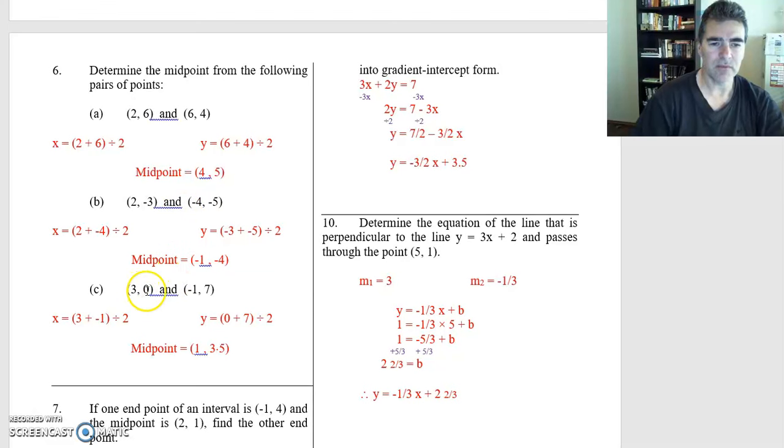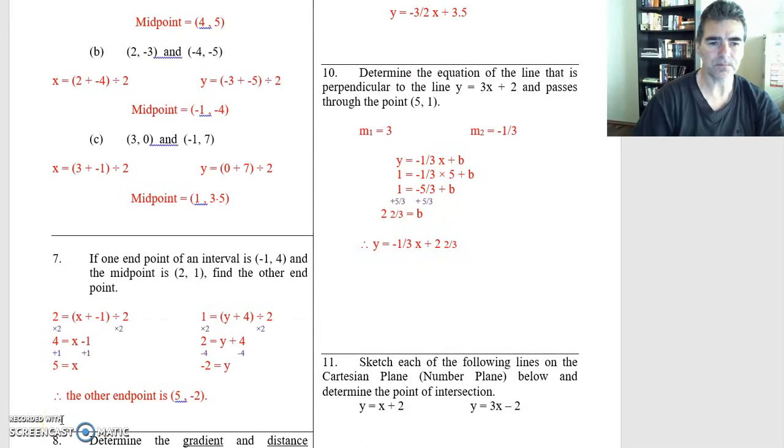And part C, find the midpoint between this point and that point. Again, x values, add them together and halve it, and I get 1. And next one, add the y values 0 and 7, halve them, and I get 3.5. Or you can write it as 3.5, it doesn't matter there. So the midpoint is the point (1, 3.5).